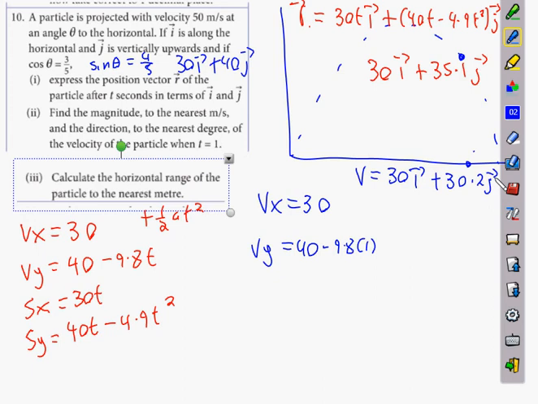I was just saying, as an example, after 1 second you would be this far. You can't take t squared away from t. I was just showing you that after 1 second its displacement was 30 across and 35.1 into the air. Yeah, okay. So you're on your way up here, 30 across and 35.1 meters into the air.